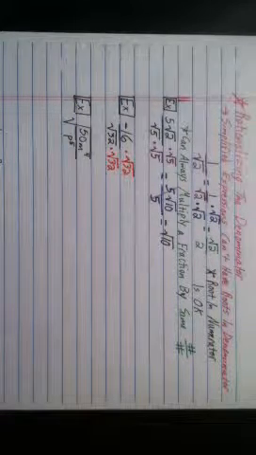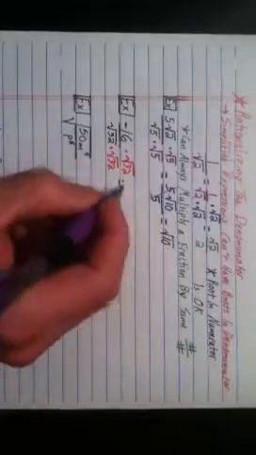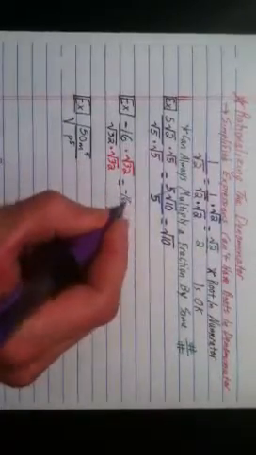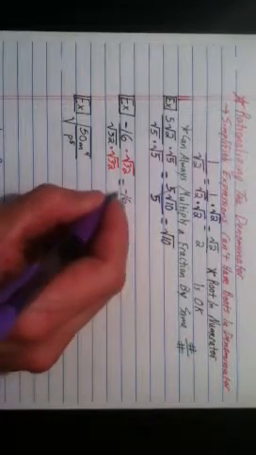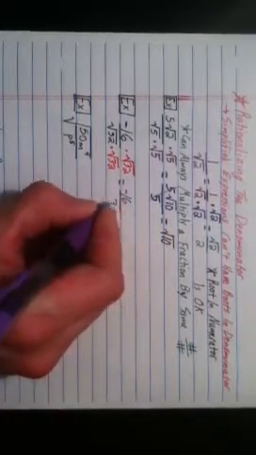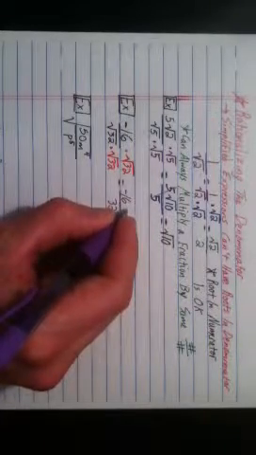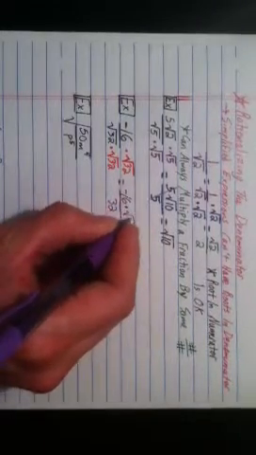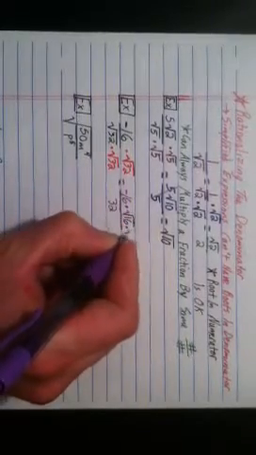We end up getting negative 16 times the square root of 32, all over 32. But the square root of 32 up top we can turn into the square root of 16 times the square root of 2.